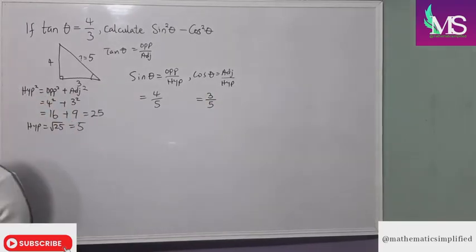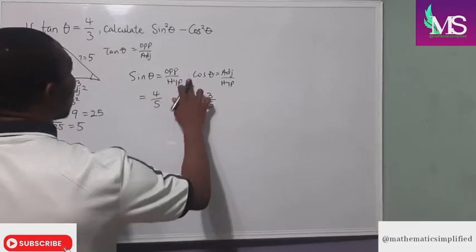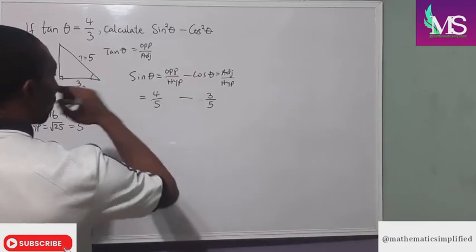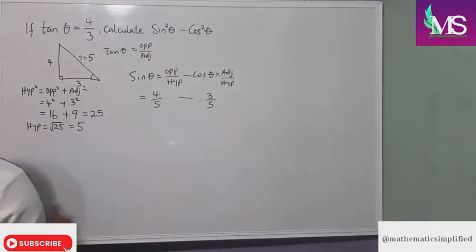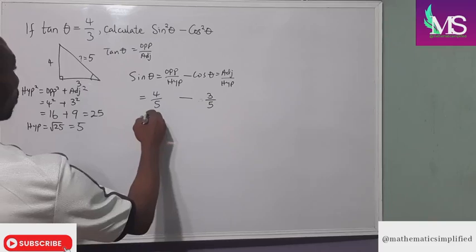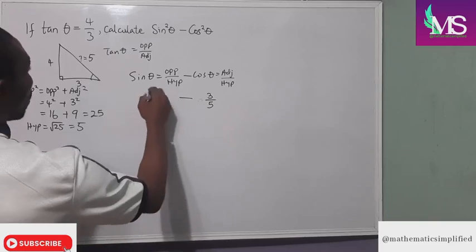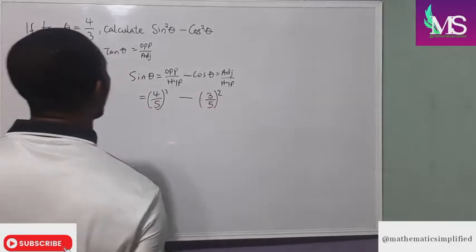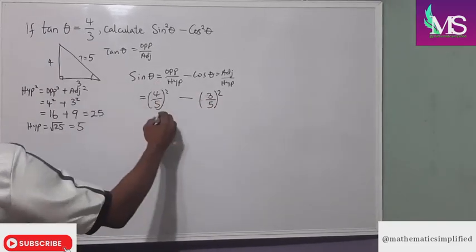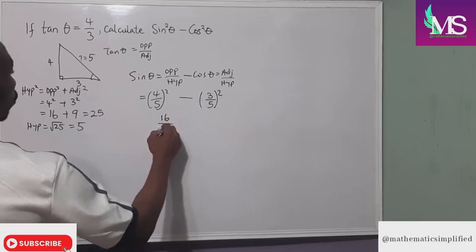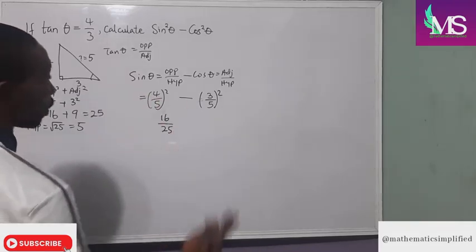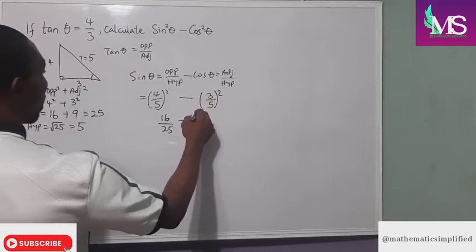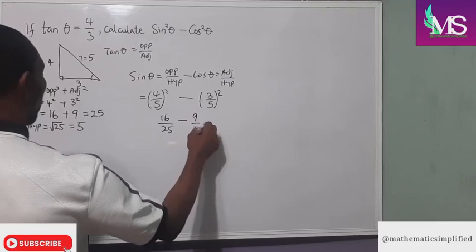Okay, now bringing them together, this will become 4 over 5 all squared minus 3 over 5 all squared. Now 4 squared will give us 16 over 25, 4 times 4 is 16, minus 3 times 3 is 9 over 25.